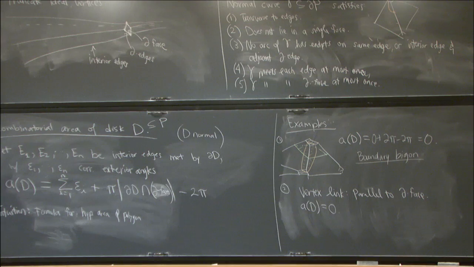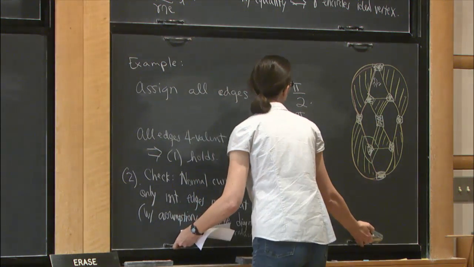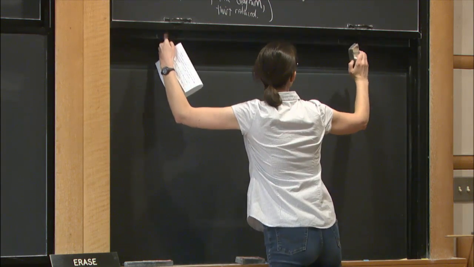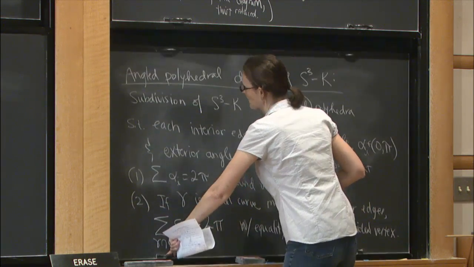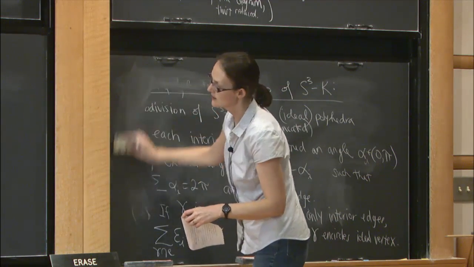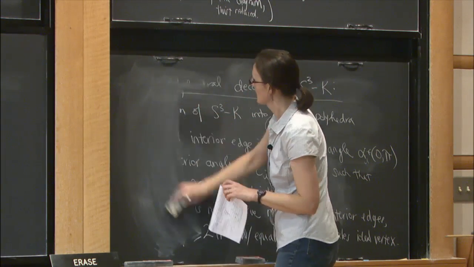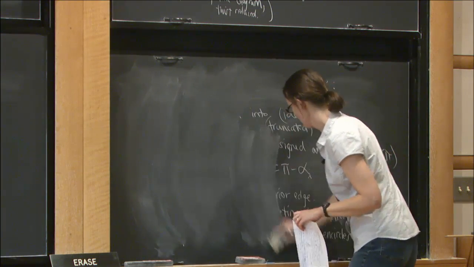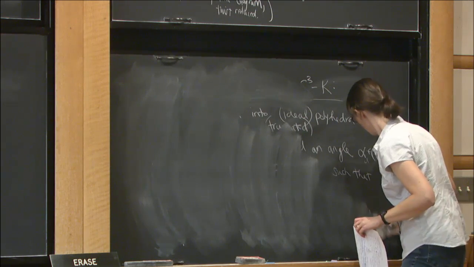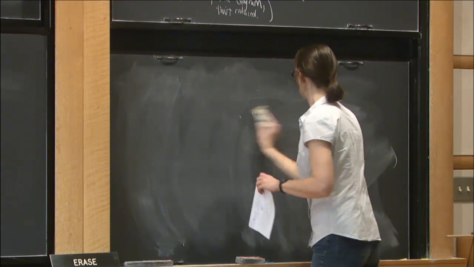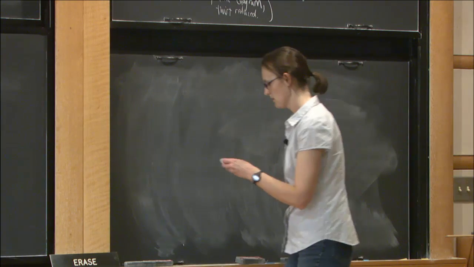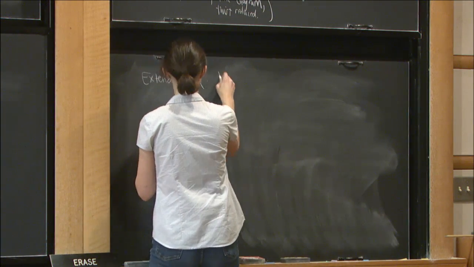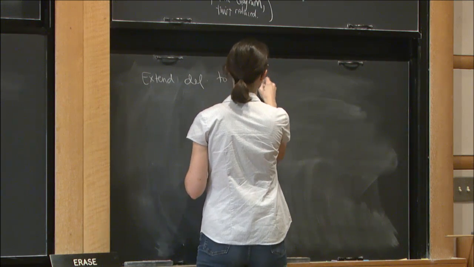Okay, it looks like I do actually want to extend this definition of the combinatorial area to what are called admissible disks. So extend definition to admissible disks.